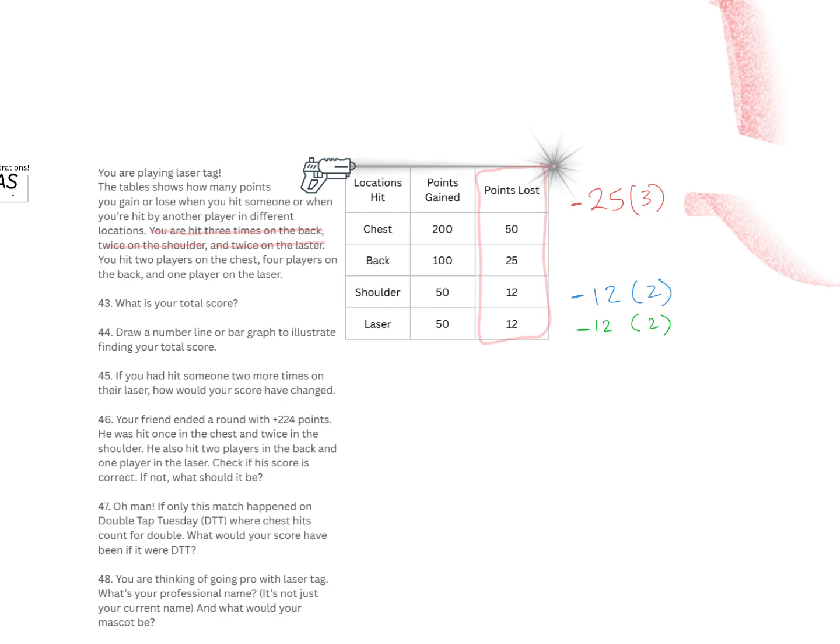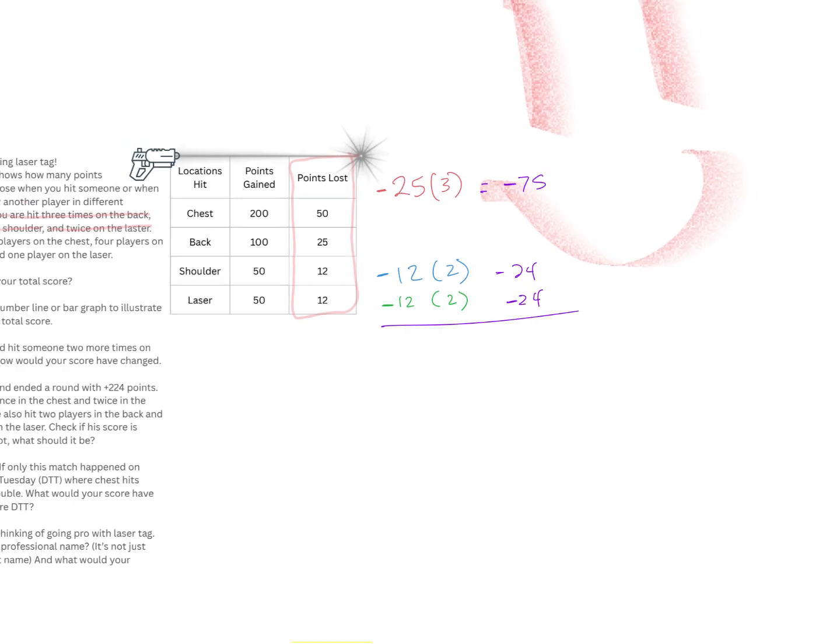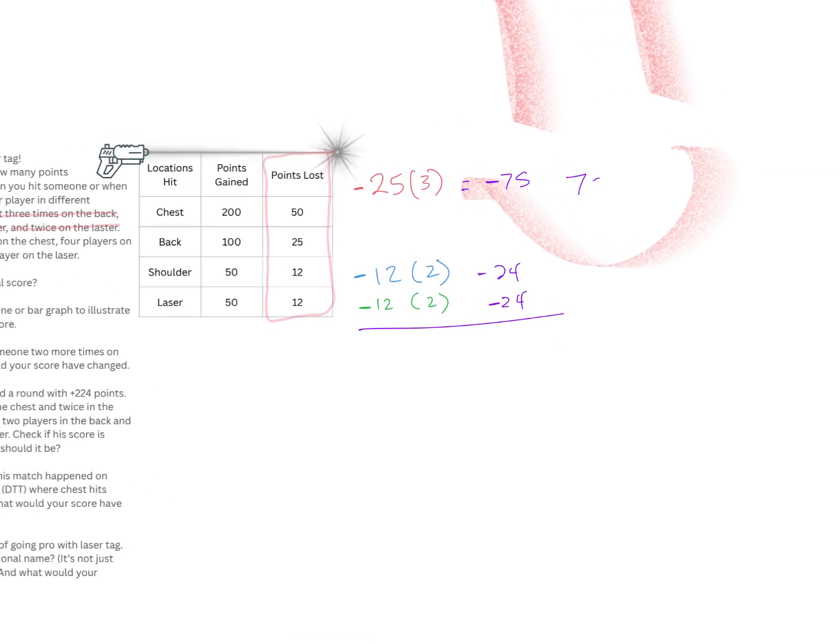So why don't we go ahead and come up with how many points we've lost. So this is -75, -24, -24, right? And then let's add that up. So there's a couple ways we could do this. Really, you could just do 75 plus 24 plus 24, and then make your final answer negative, right?